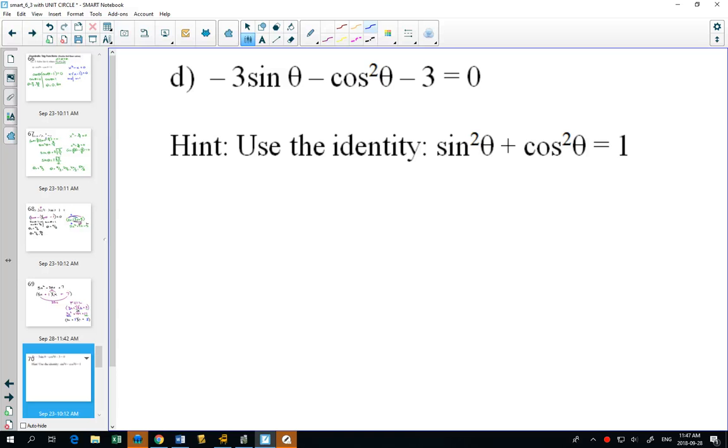This one must be hard because there's a hint. Now in grade 11, you did questions similar to this, right? If I asked you to solve 3x plus y equals 5, what's the answer?